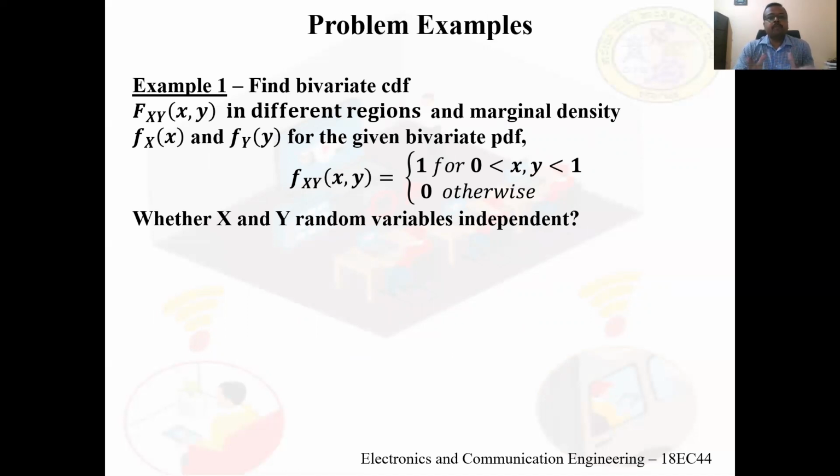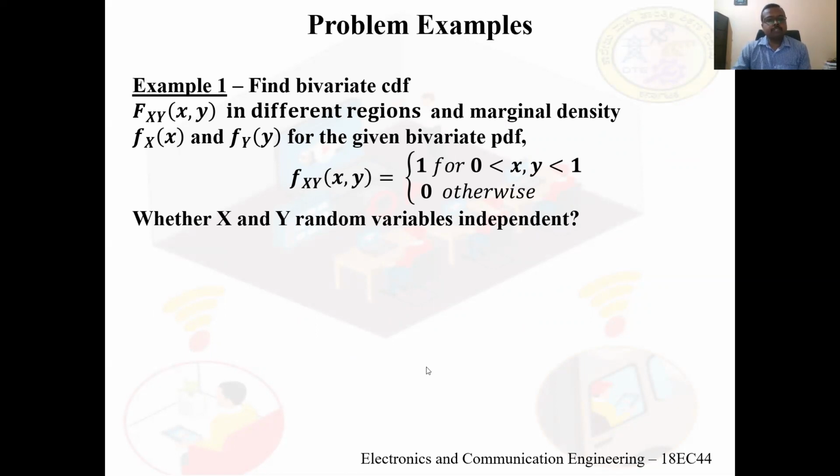These are the properties of the bivariate PDF. Now we'll look at some problem examples related to the bivariate CDF and bivariate PDF. First example: find the bivariate CDF F_XY(x, y) in different regions and the marginal densities F_X(x) and F_Y(y) for the given bivariate PDF.